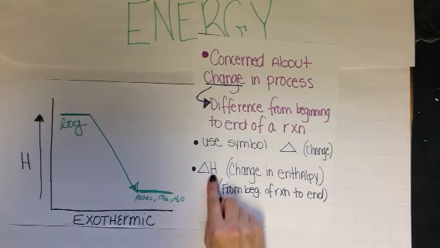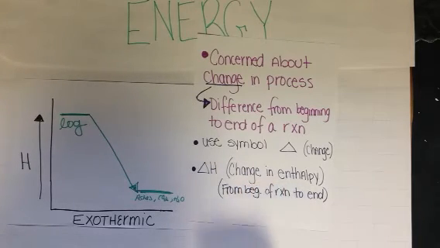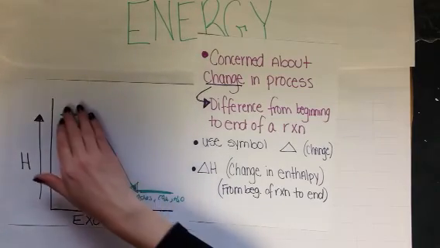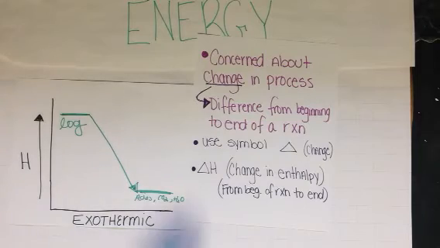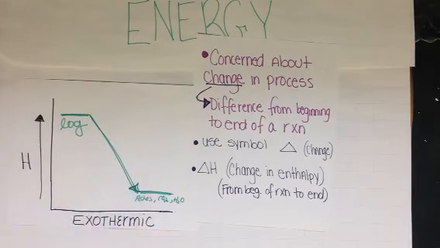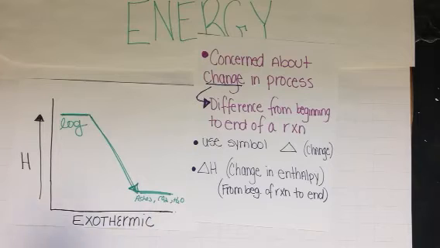So if you notice, my H, which represents enthalpy, has a triangle in front of it. It means there's the change in enthalpy. In other words, it's showing what's happening from beginning to end of this reaction. And my change in enthalpy in this reaction has decreased. The log, when it turns into ashes, has less enthalpy. It has less potential.